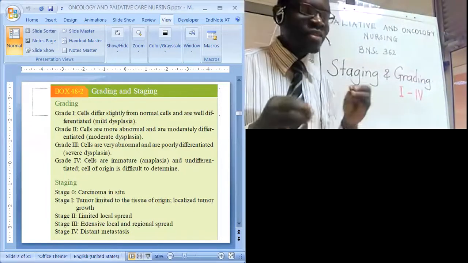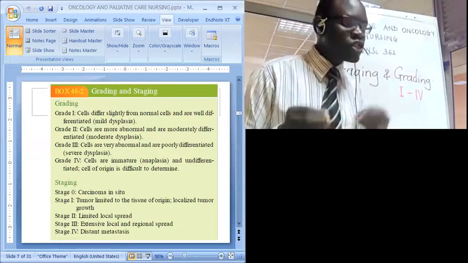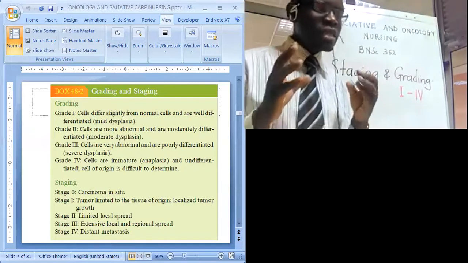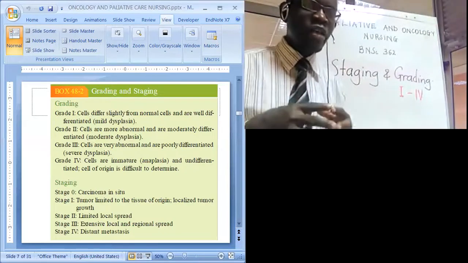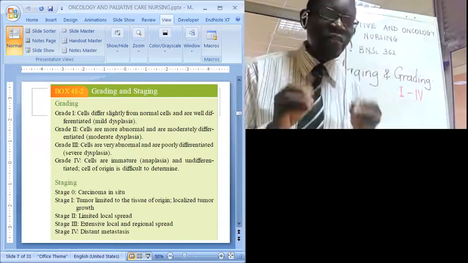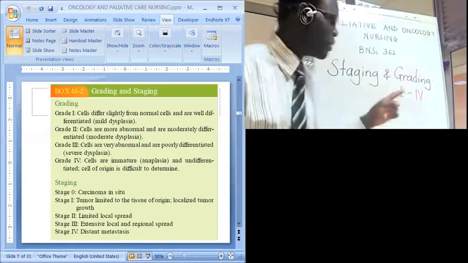In other words, they differ slightly from the normal cells and are well differentiated. There is a mild dysplasia. That is what we mean by grade 1.